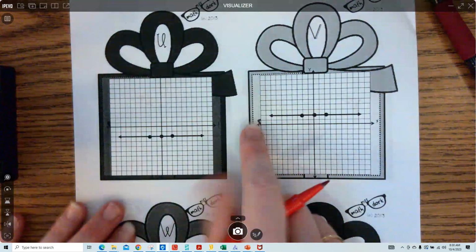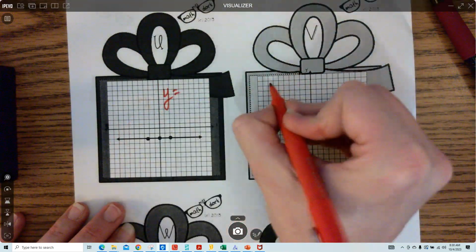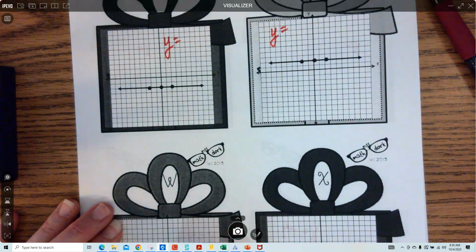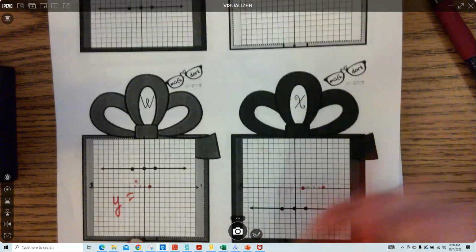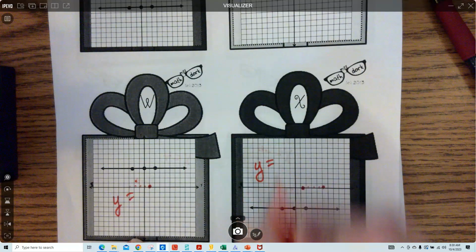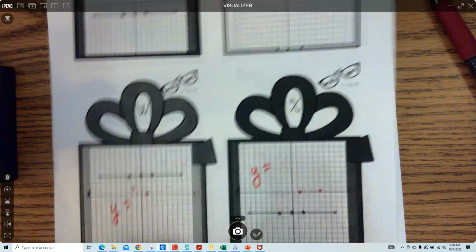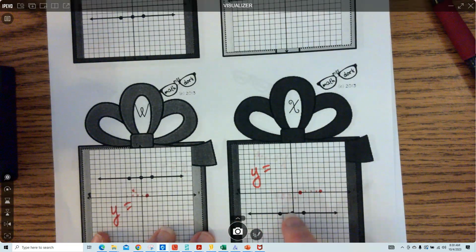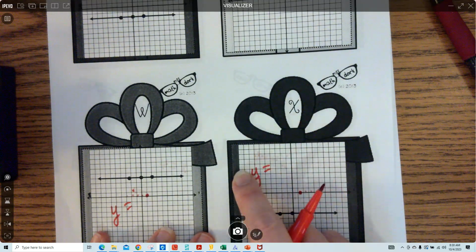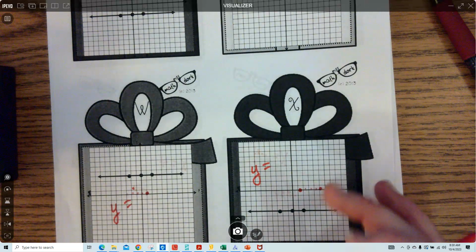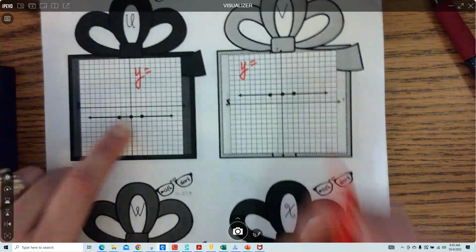If it's a nice, pretty horizontal line, these always start with y equals. And this is just one of those rules that you kind of have to remember. One way you can remember it is the y is always going to be the same number. If the y is always the same number, then it starts with y equals. If the x is always the same number, then it's x equals.